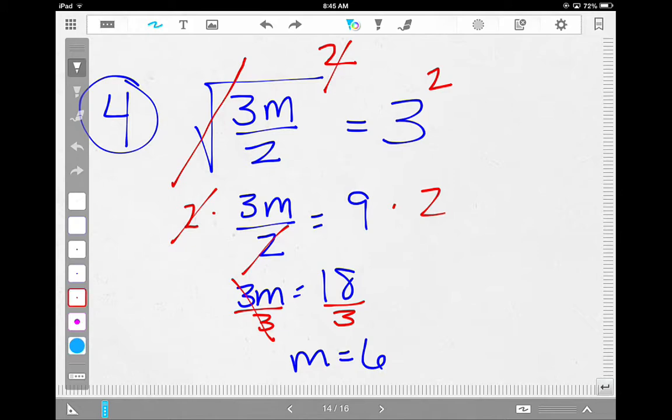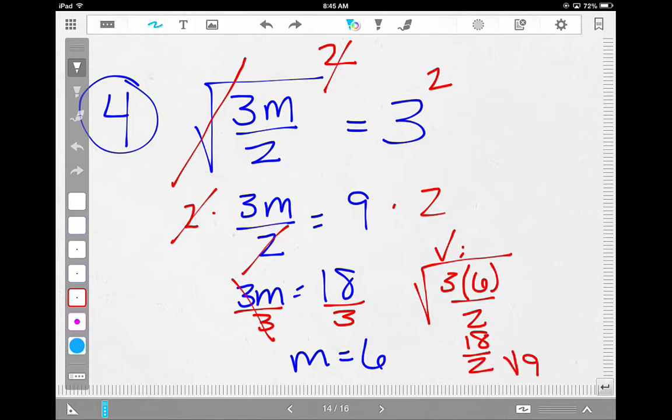I have to double check, so here's my check. 3 times 6 divided by 2, all of that's under a square root. 3 times 6 is 18 divided by 2, which is 9, but all of that's under a square root. The square root of 9 does equal that 3, so it works. So my solution is m equal to 6.